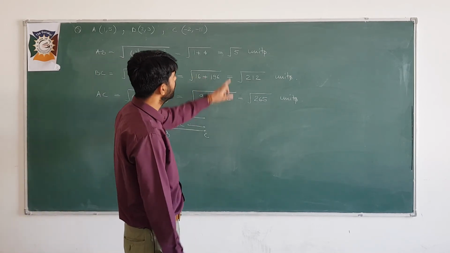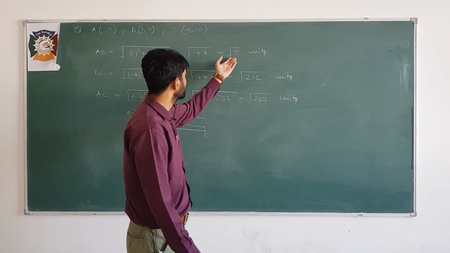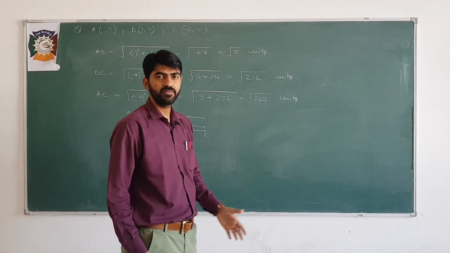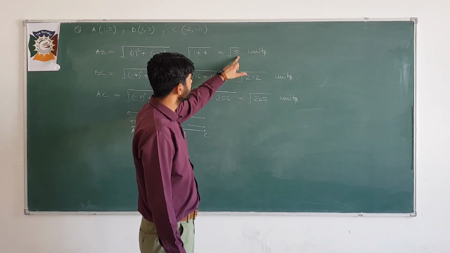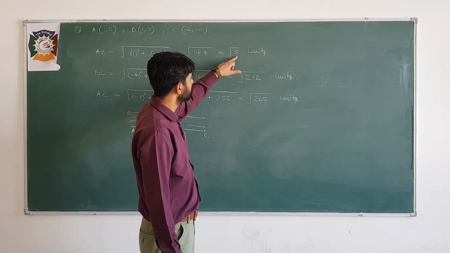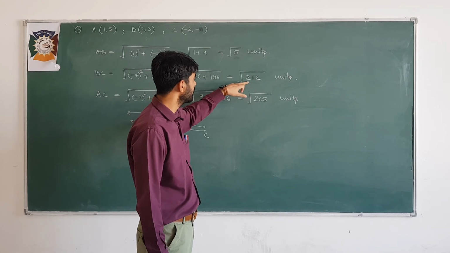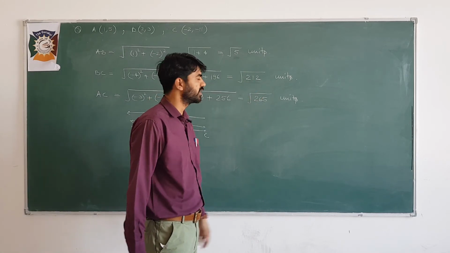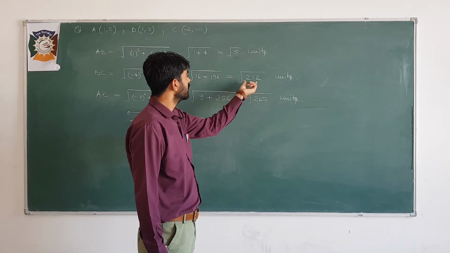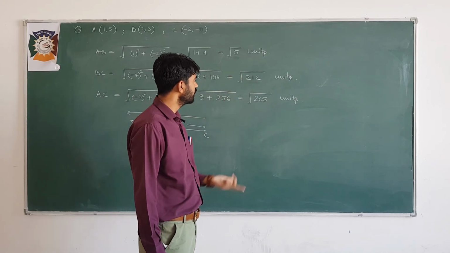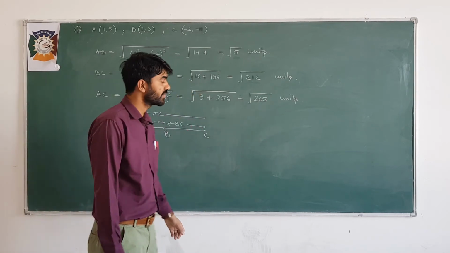Now, here if we add them, although this is an irrational number, we find some irrational number. Suppose this will come approximately 2 point something, and here it will come in decimals. You need to find the values. Then this will come around 14 point something, and this will come around 16 point something.